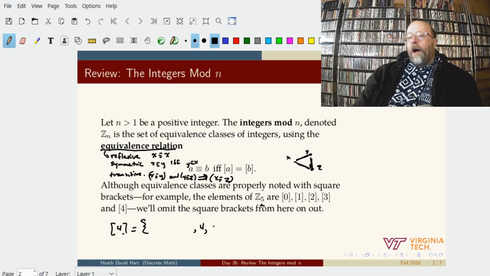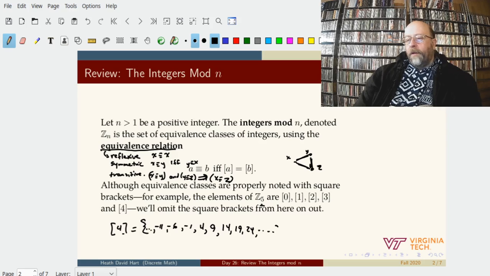That would include 4 plus 5 is 9, and 14, and 19, and 24. And then working backwards would be negative 1, negative 6, negative 11, and so on. This 4 stands for an entire set of possibilities, but all of these possibilities, when I divide them by 5, leave a remainder of 4. Okay.